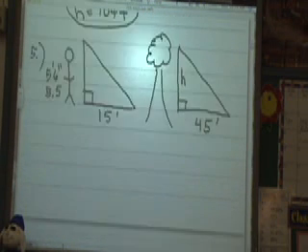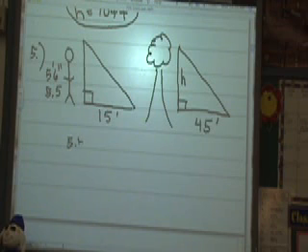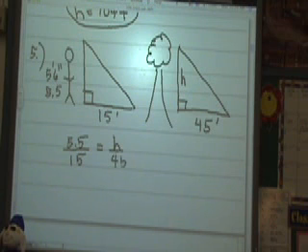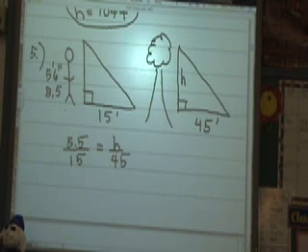Okay, so what proportion should we use to find the height of the tree? 5.5 over 15 equals h over 45. Good. Cross products? 247.5 equals 15h.